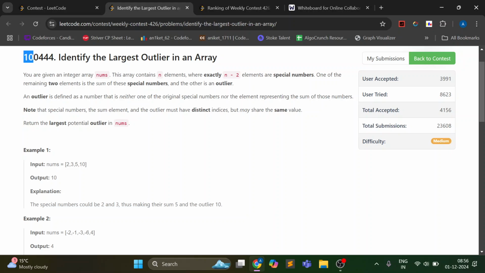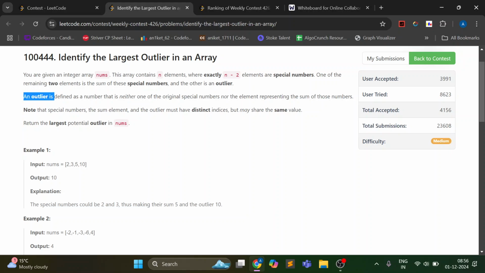So in this question, we are given an integer array nums, and this array contains n elements where exactly n minus 2 are special numbers. One of the remaining 2 elements is sum of these special numbers, and the remaining element is an outlier. Now, what's an outlier?